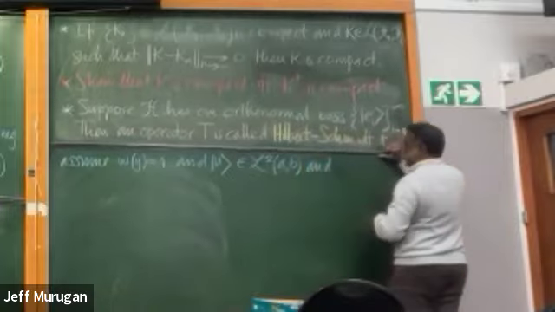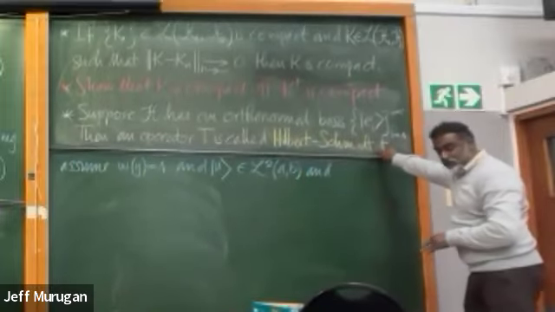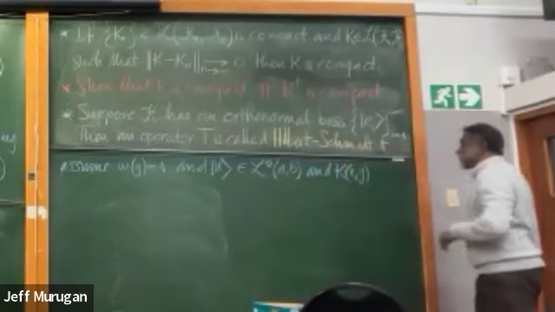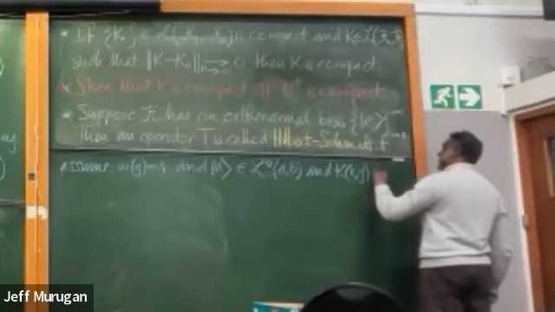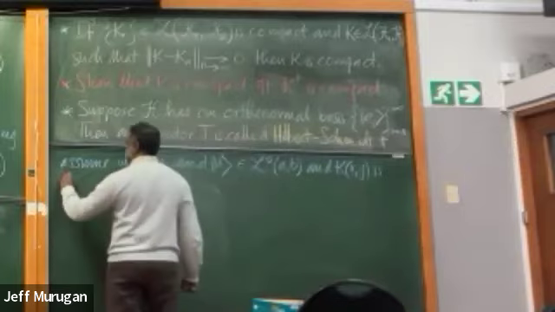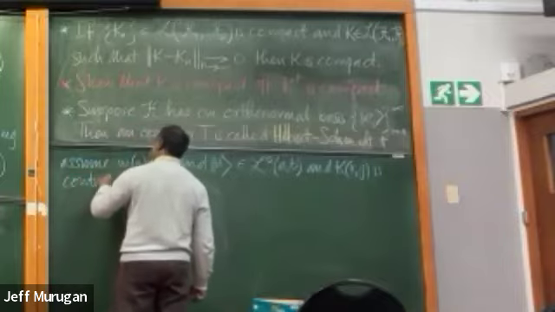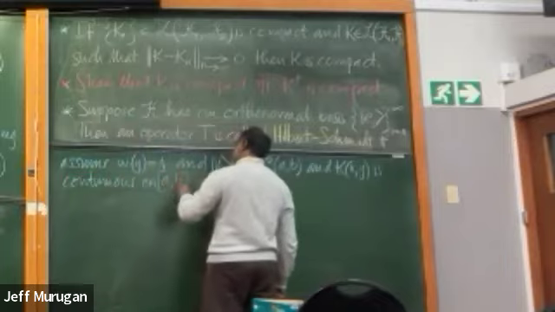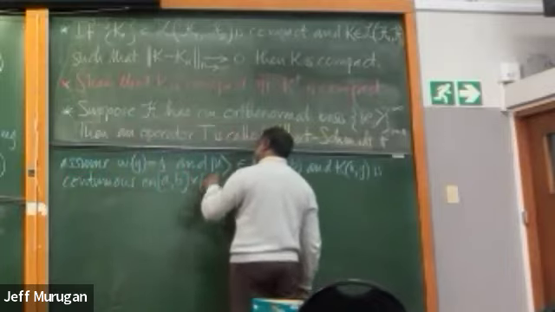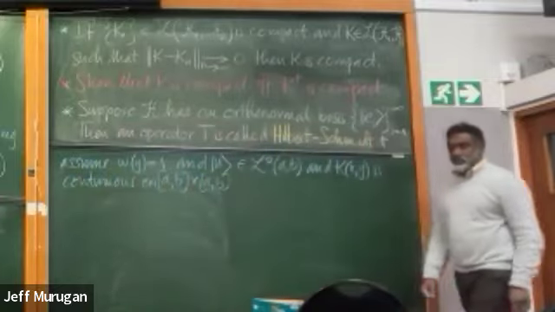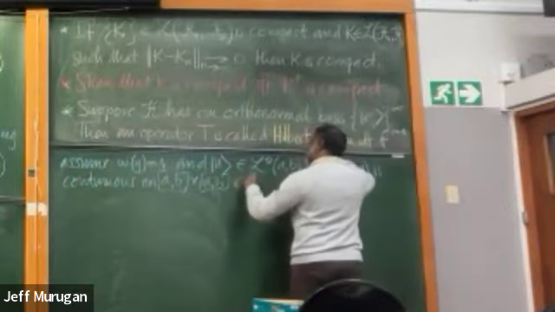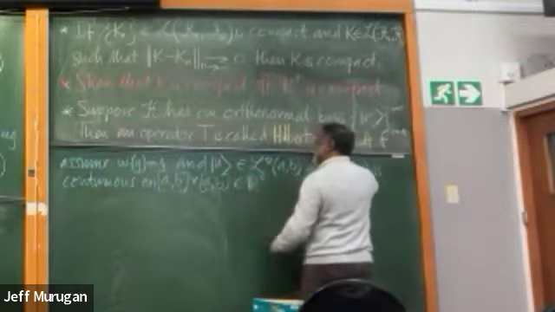We have one more constraint there, which is that K is continuous. The function of two variables, K of x, y, is continuous on the closed rectangle [a,b] cross [a,b].